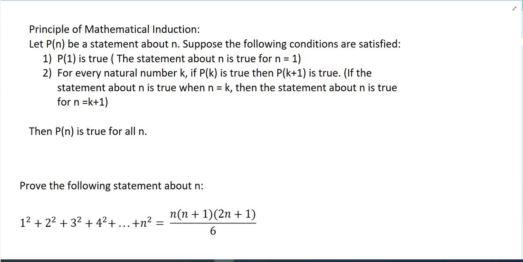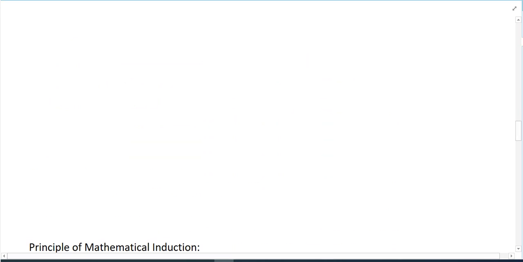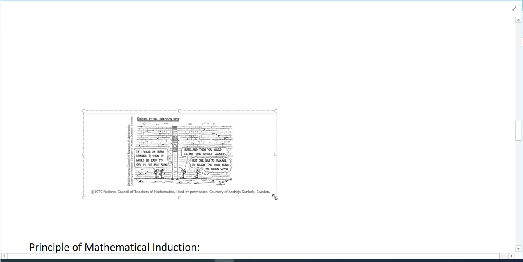So in class I talked about the dominoes falling, and there are other different things. I also shared this little comic that is in the textbook.